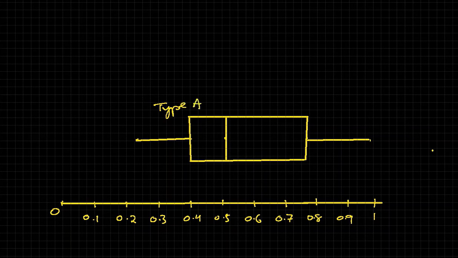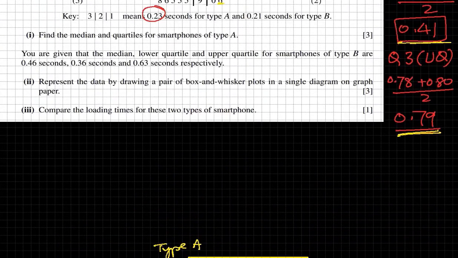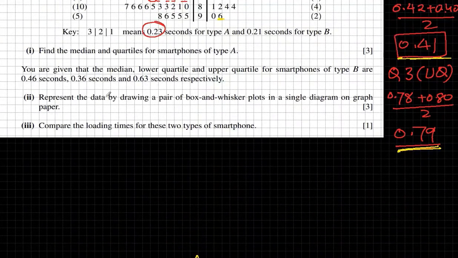Now similarly, I'll repeat the same thing for type B, which has been given in this part. So 0.46 is the median, then the lower quartile and upper quartile.